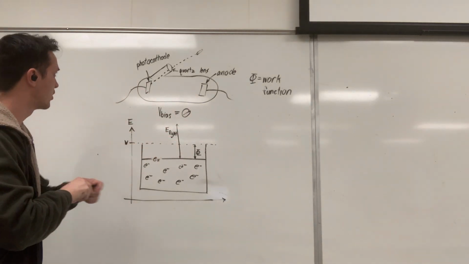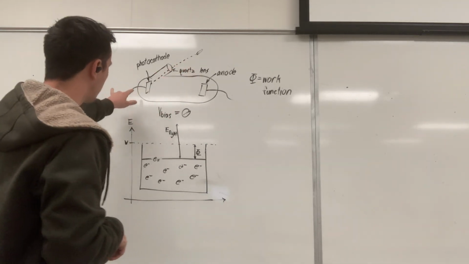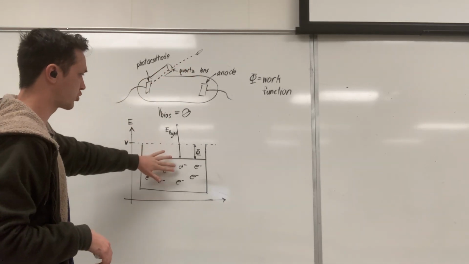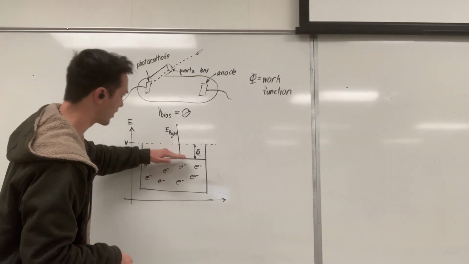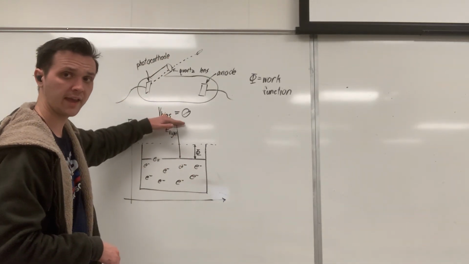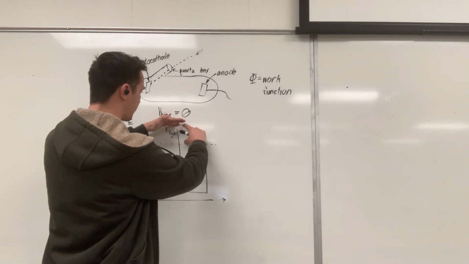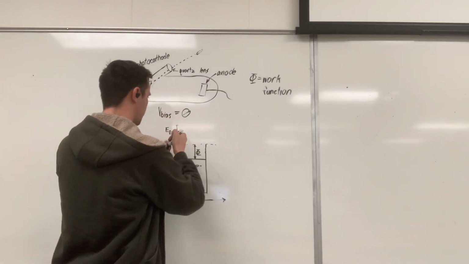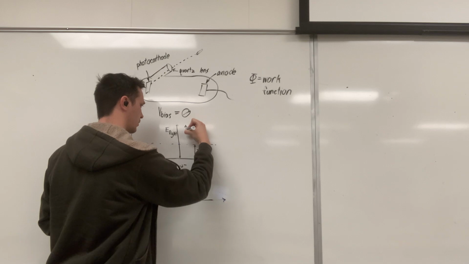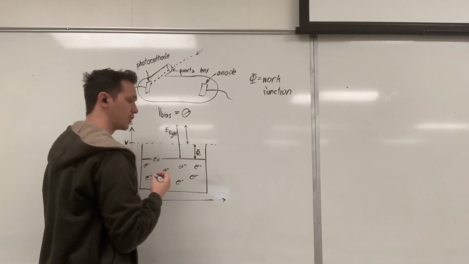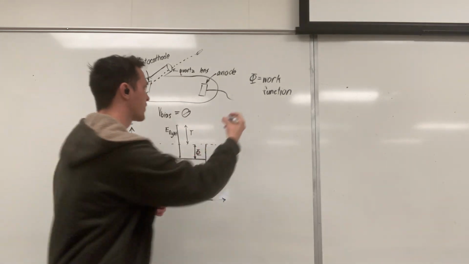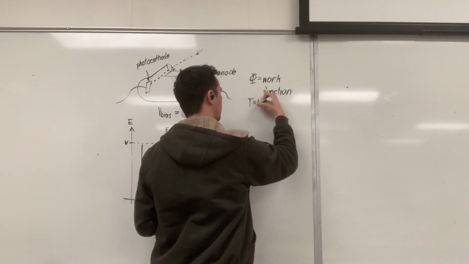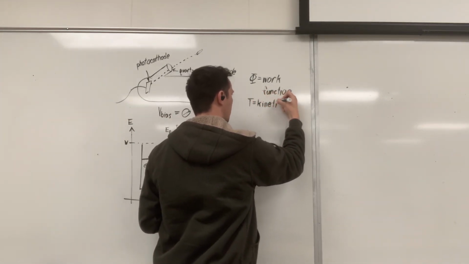Say we shine the light, individual electrons consume the energy of that light, and they escape from, say, this energy to this energy. And now you can see they have this amount of energy left over. This I'm going to represent with a T. The T is going to be the kinetic energy of the electron.